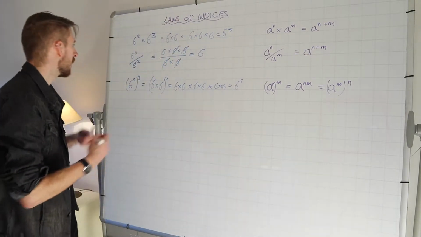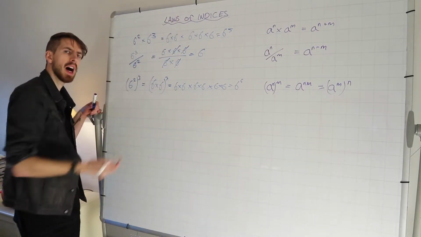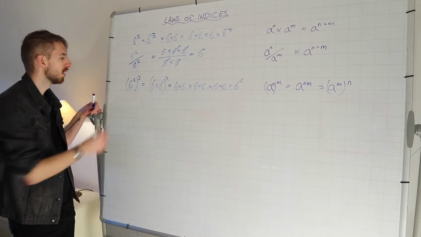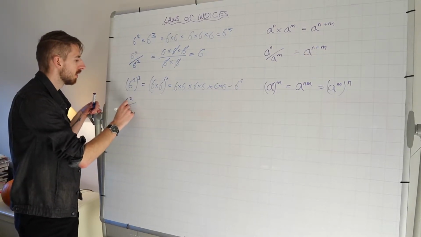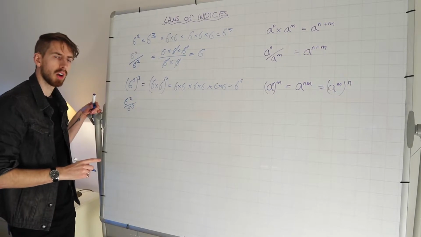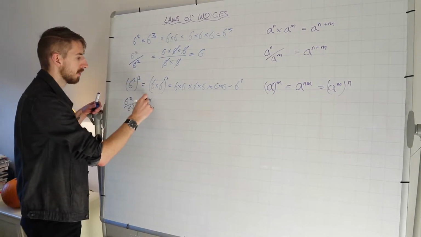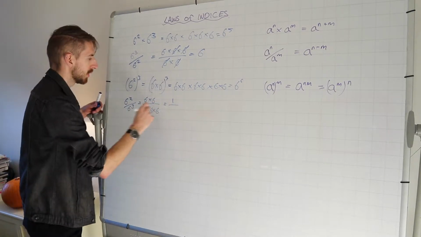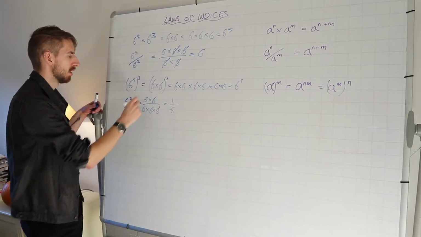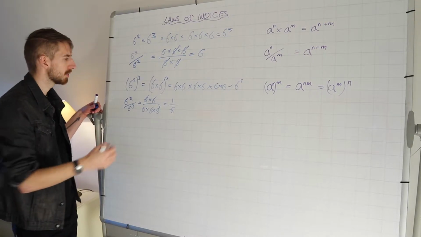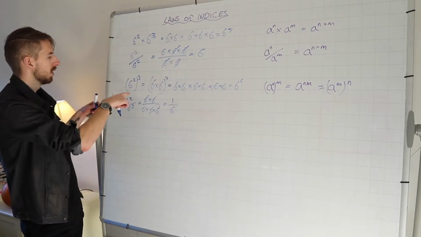Let's keep going. Looking at this one, what would happen if the number on top was smaller, like this? Well, in the exact same situation, we'd get this, which once we cancel all these down, we get 1 over 6. But also from our previous rule, we minus them.